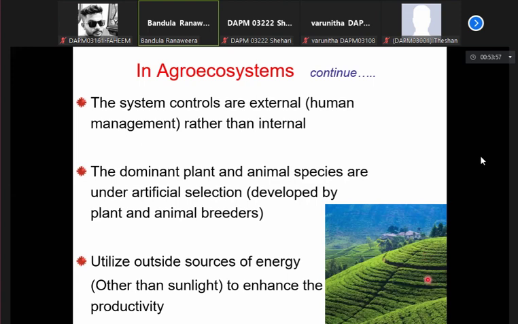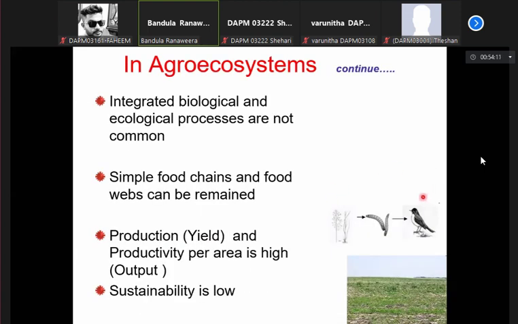And in these agroecosystems, we use outside sources of energy other than sunlight. The number of plant species in the agroecosystem is lower, and because of that, the food chain is shorter.